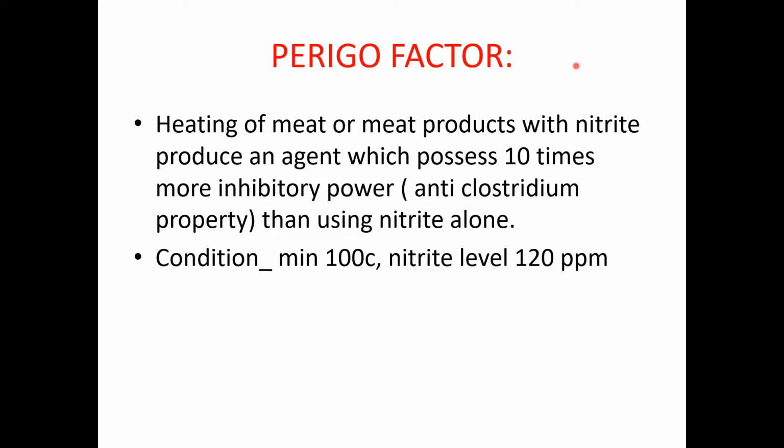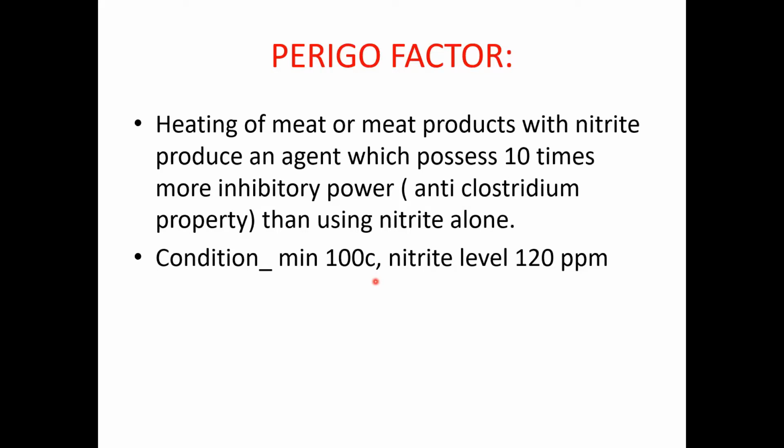It was found by a scientist, and it has an inhibitory power almost 10 times that of using nitrite alone. If nitrite alone can destroy one Clostridium, with heating to a minimum of 100 degrees centigrade it can destroy 10, so from 1 to 10 bacteria.